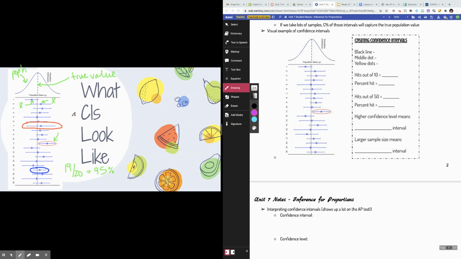So the general rule is that the higher your confidence, the wider your interval has to be, okay? So like I said, we are going to do this part in class, but a higher confidence level means you need a larger, or you could say a wider interval, okay?